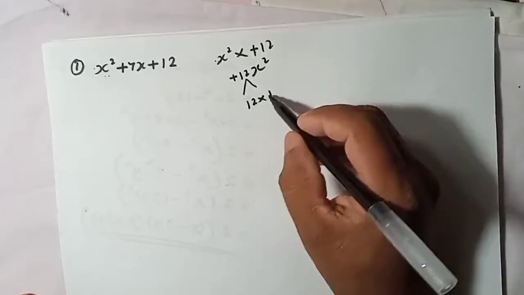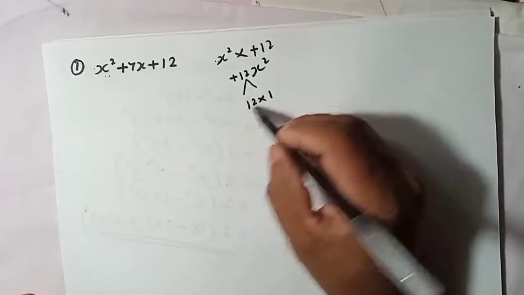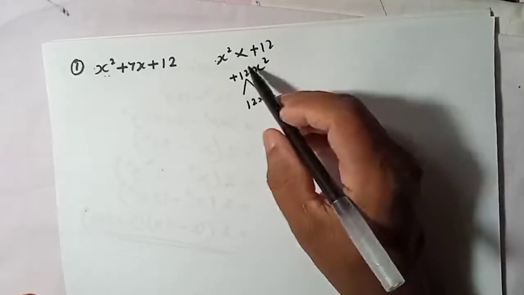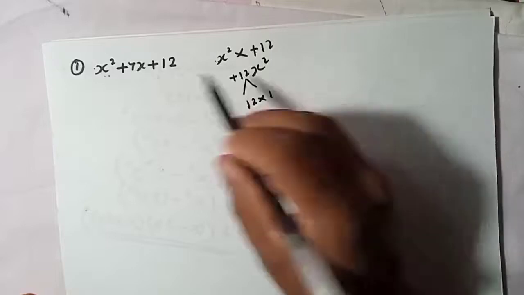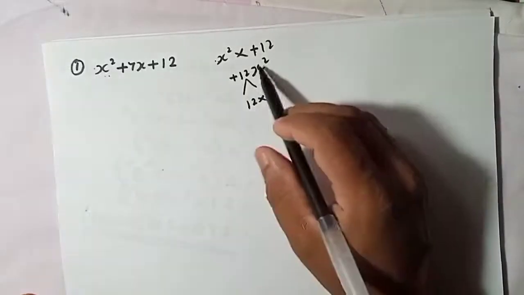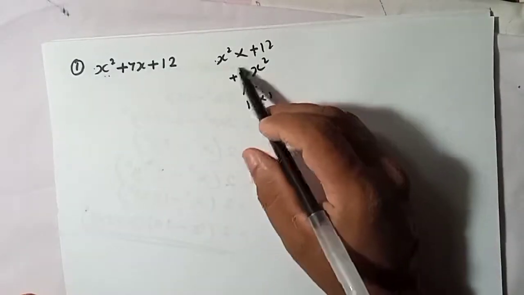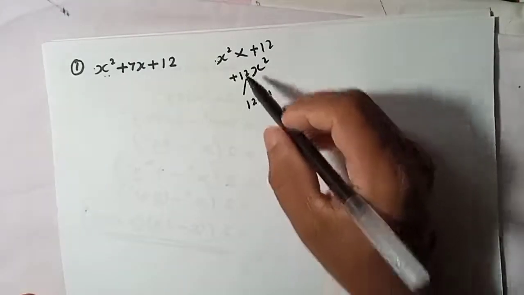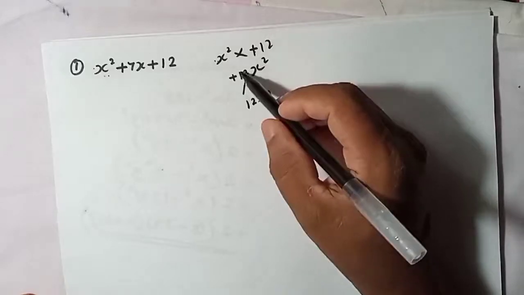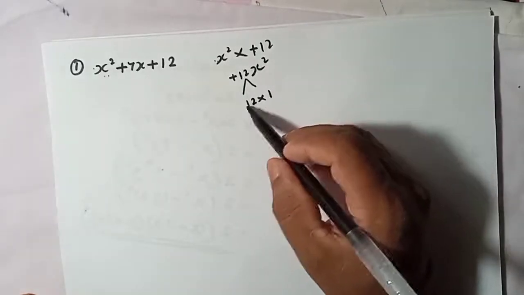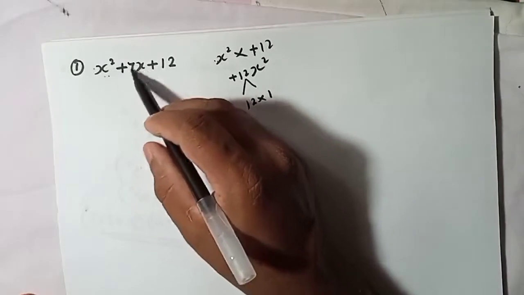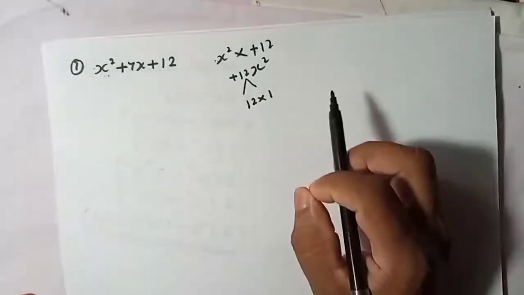I don't care about any sign here, just these values, because you have to choose two numbers, that is the basic idea. Now you multiply these, and the answer you get should be this value. When you multiply two numbers, you should get this number. And not only that, when you add or subtract these two numbers, you must get 7, the middle number. You have to get that.